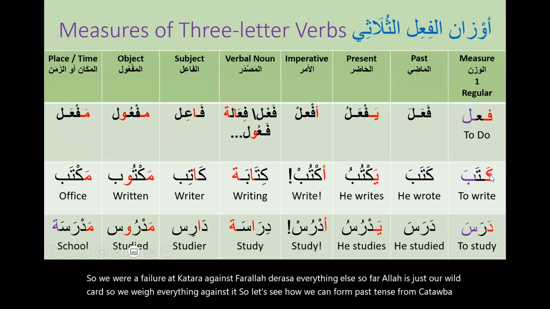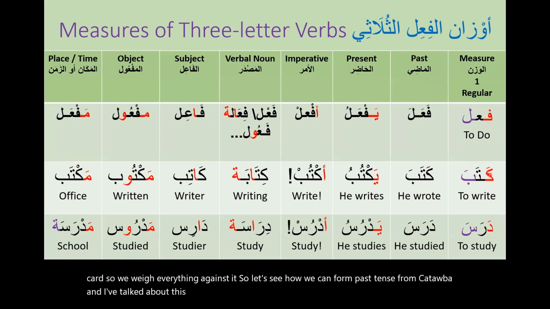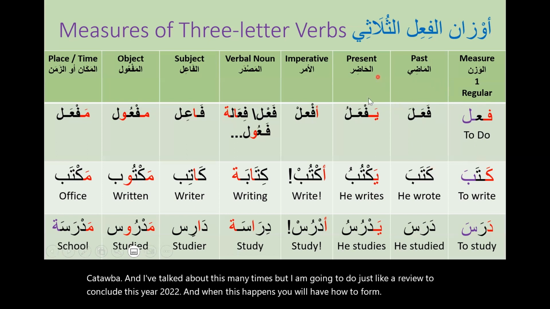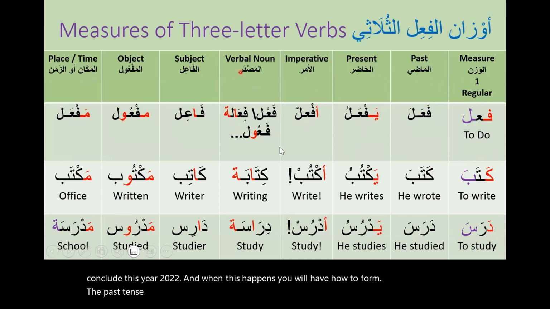And I have talked about this many times, but I am going to do just a review to conclude this year, 2022. And when this happens, you will have how to form the past tense, the present tense, the imperative, the verbal noun, the subject, the object, the place or time from the three-letter root.